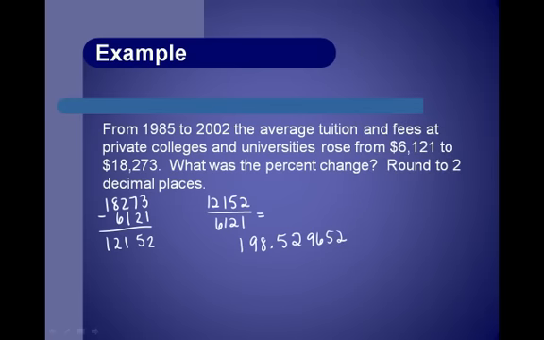Notice this problem says round to 2 decimal places. So the 2 decimal places would be hundredths, which would give us 198.53%. So that is an increase of almost 200%.